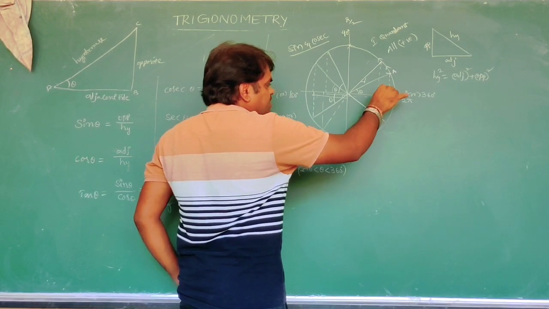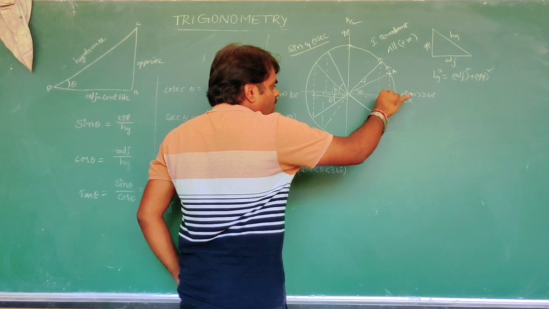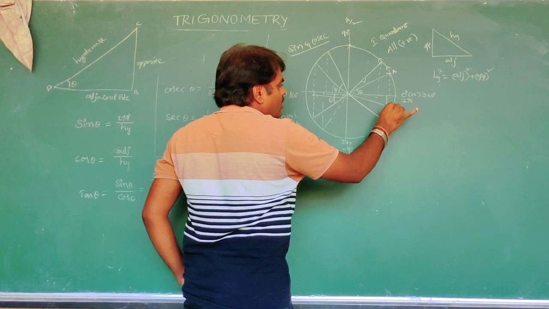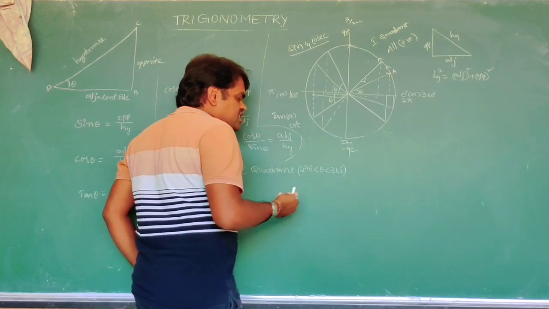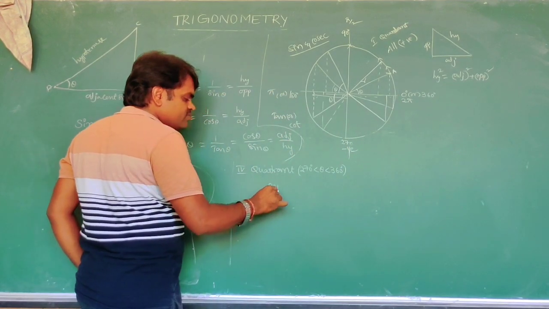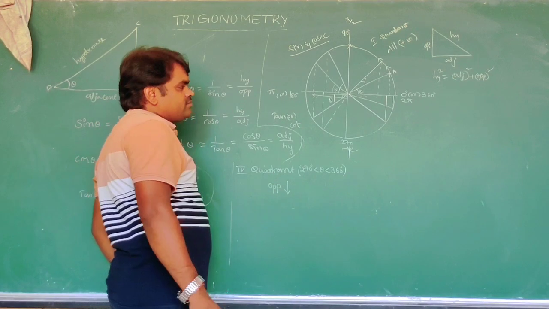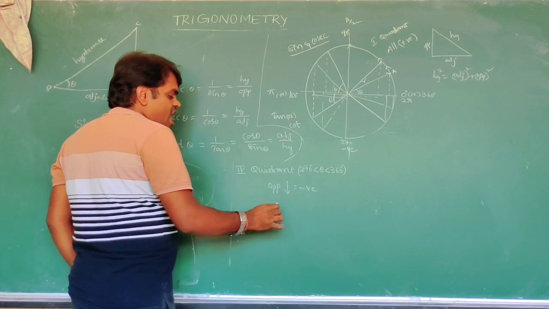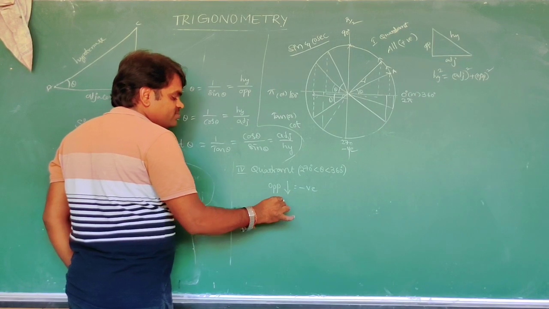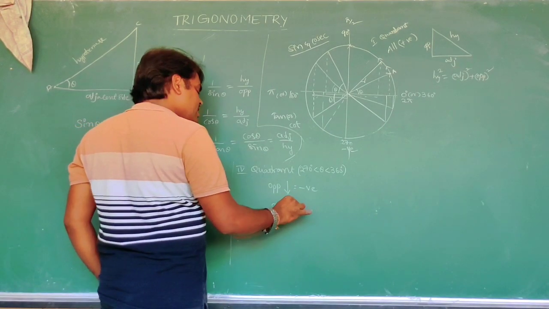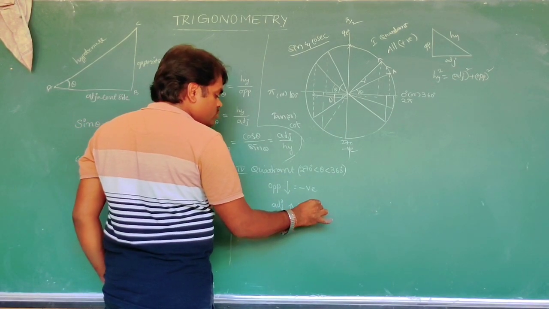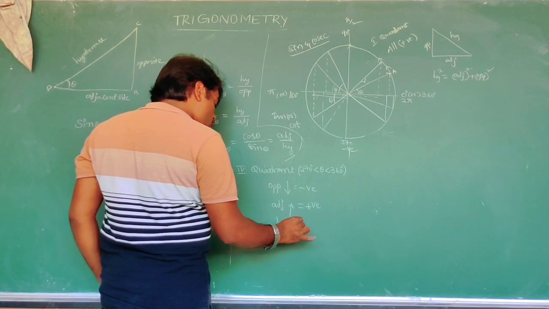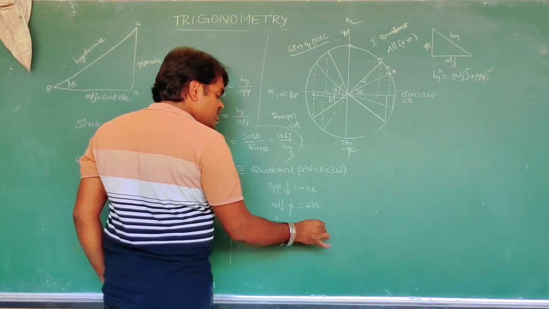Now, the opposite side is decreasing, but it is negative. The adjacent side is increasing, and it is positive. But the hypotenuse is constant and positive.